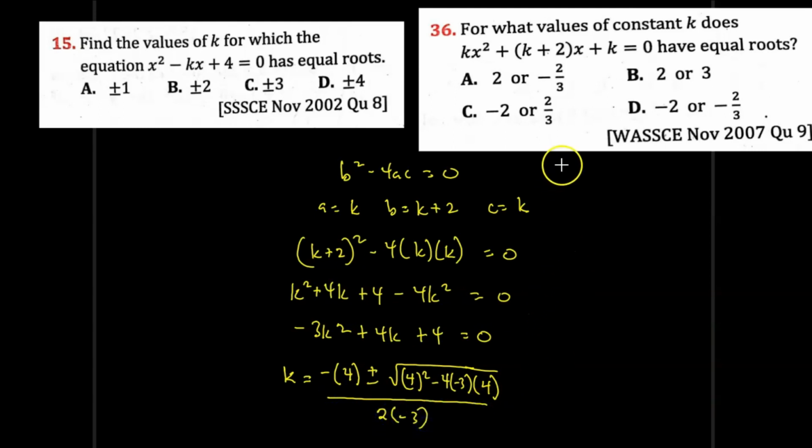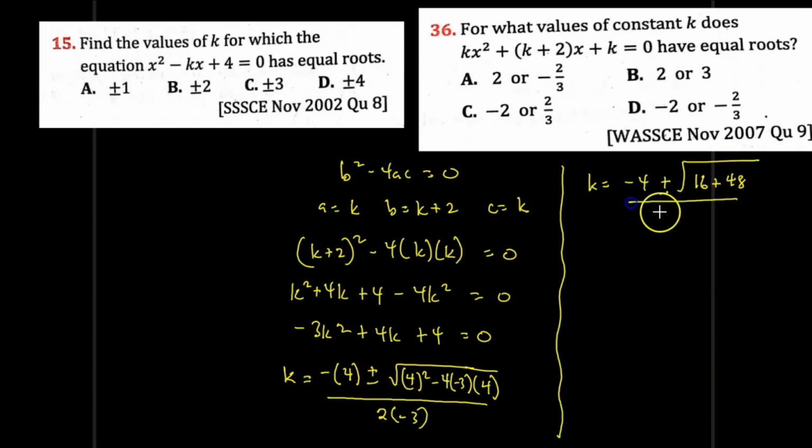Now simplifying, we have k equal to minus 4 plus or minus the square root of 16 plus 16 times 3, which is 48, all divided by 2 times negative 3, which is negative 6.